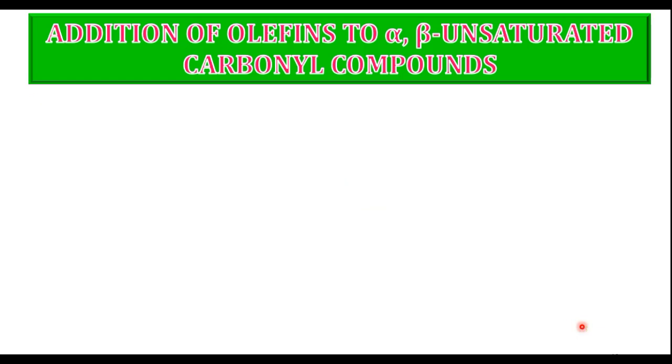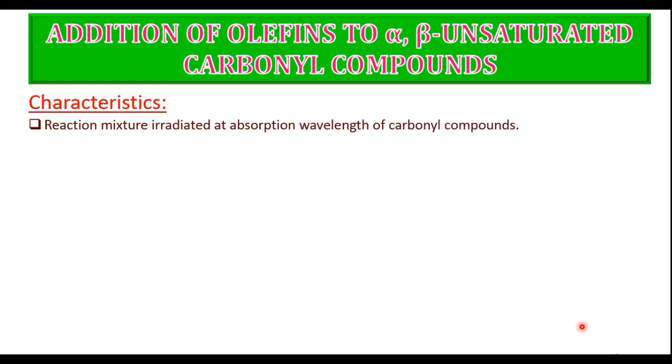That means how the addition of an alpha beta unsaturated carbonyl compound with an olefin takes place. Now, characteristics. Here the reaction mixture is irradiated at the absorption wavelength of the carbonyl compound. At which position are we irradiating?